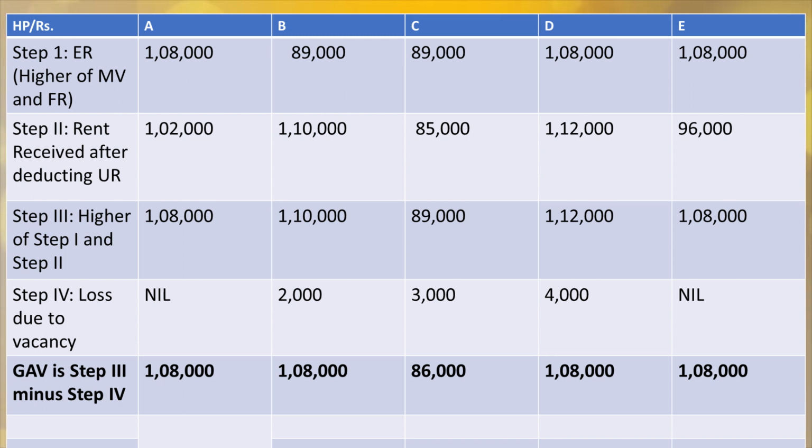So this example should clear the concept of expected rent, the rent received after deduction of unrealized rent, and also the treatment of loss due to vacancy.